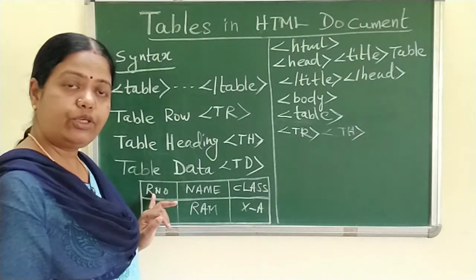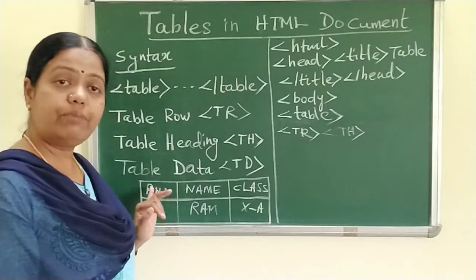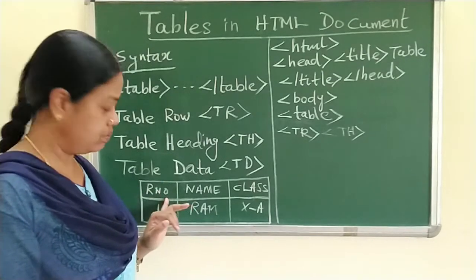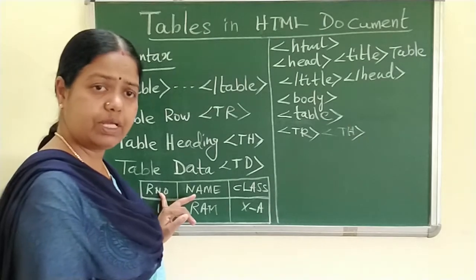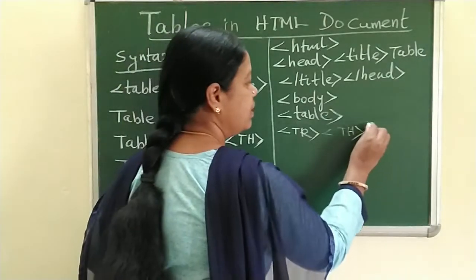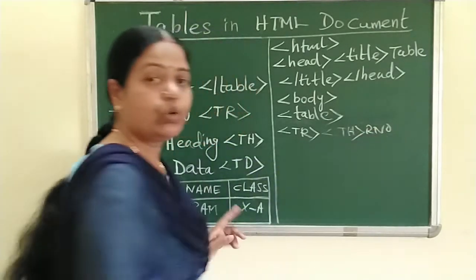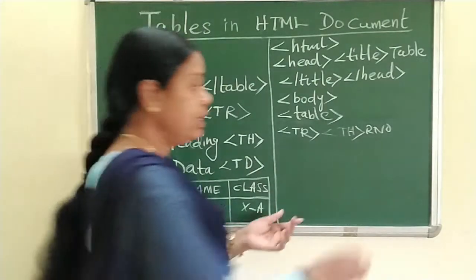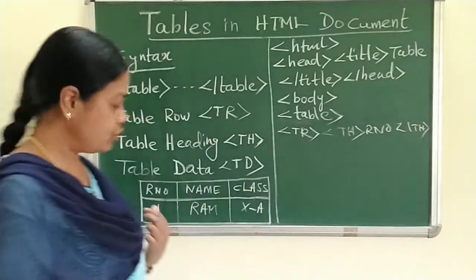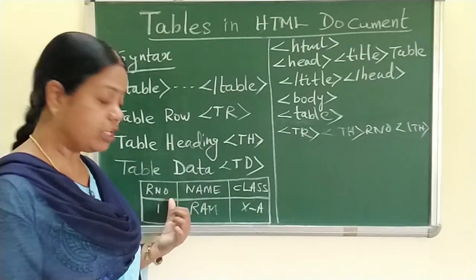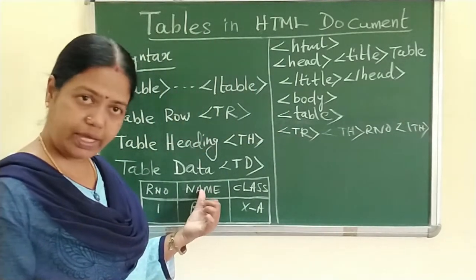Then you have to start the first row and first column. The first column is roll number, also the heading of the column, roll number, and close the table heading. So first row, first column over.